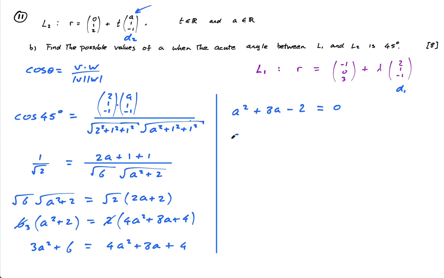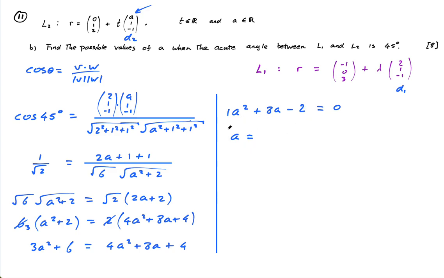The quadratic formula is a equals. Now just slightly confusing, guys. We've a as our variable here, and part of the quadratic formula has an a in it. Don't get mixed up there. The a in the quadratic formula is just going to be 1 because it's 1a squared. If you really struggle with this, just call that x. So it's just x squared plus 8x minus 2 equals 0.